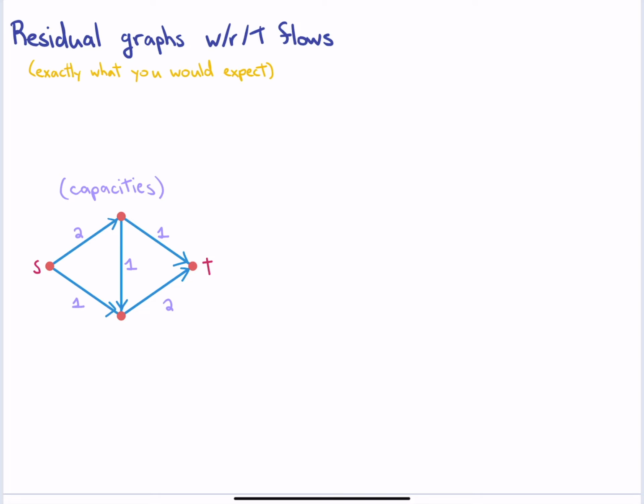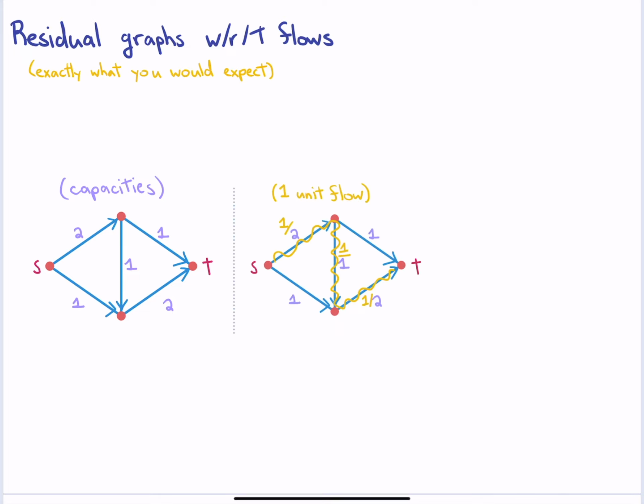Here's an example of a graph from S to T, and suppose I have 1 unit of flow there in yellow. I'm using 1 out of 2 units of capacity in the first edge, 1 out of 1, 1 out of 2, and so forth.